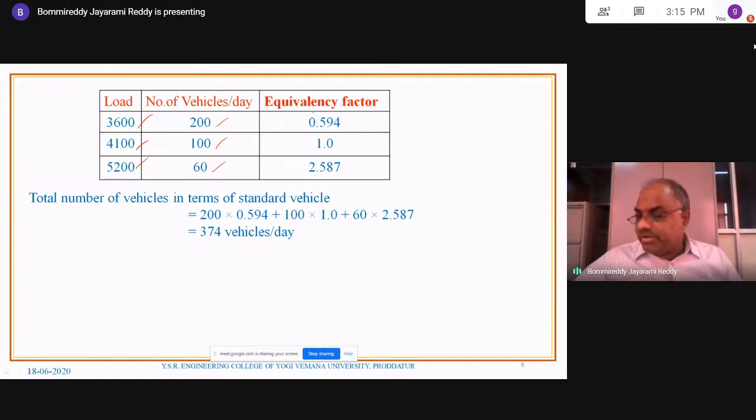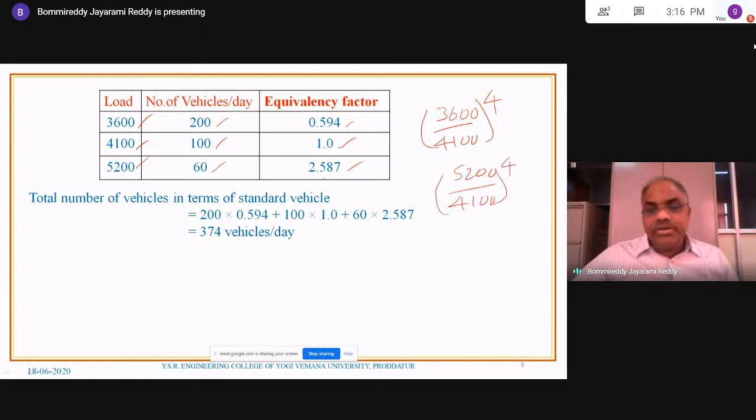You can look here, the equivalency factor for the standard wheel load of 4,100 is 1, whereas for 3,600 it is 0.594. That means 3,600 divided by 4,100, whole power 4. That is called the equivalency factor. Similarly for 5,200, it is 5,200 by 4,100, whole to the power of 4.